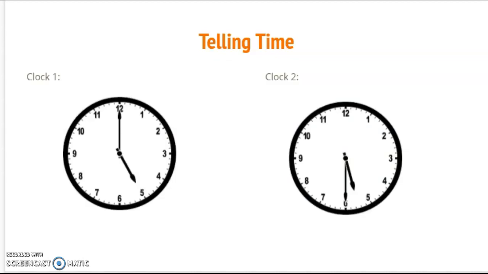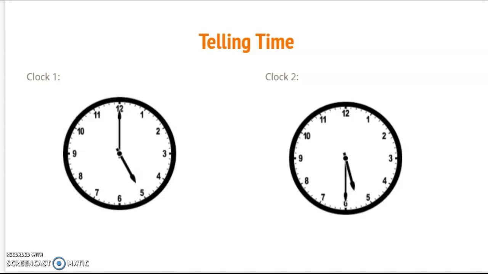Okay, so let's look at our first clock. So the first thing I need to do is I need to decide what hour is it. My hour hand, is that the long hand or the short hand? That's the short hand, my hour, and that's the first number that I need to determine. So my hour, right here, it's pointing to the 5, so it's 5 something.